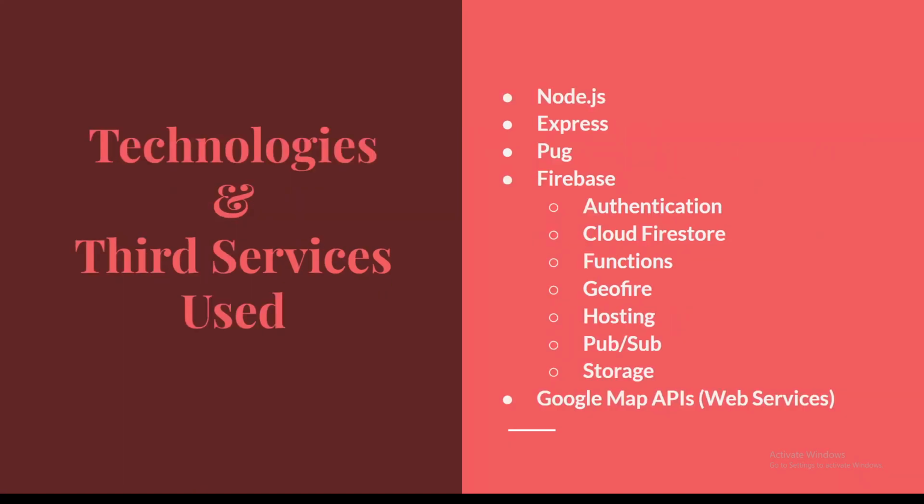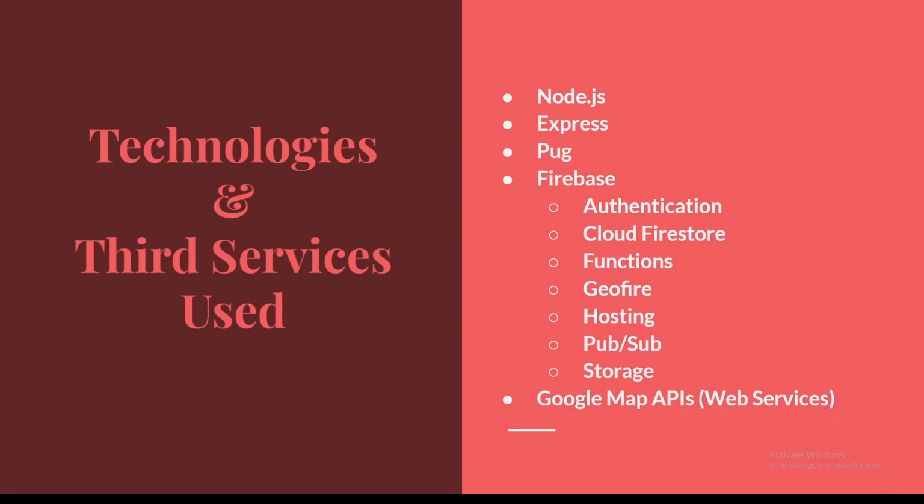So the technologies that will be used are Node.js, Express. Node.js will be used for the backend logic because we are using Firebase as a backend service, and one of the ways to use Firebase is Node.js, and TypeScript is another way.